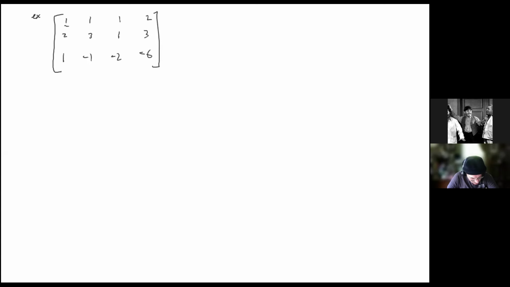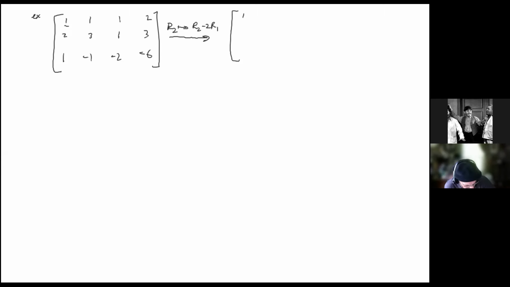So what I'm going to do is clear the entries below that one. I'm doing it one elementary row operation at a time. I want to clear the 2 in the second row, so I'm going to replace row 2 by row 2 minus twice row 1. What does that give me?